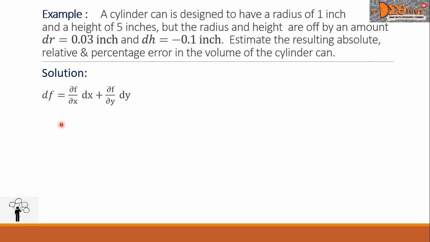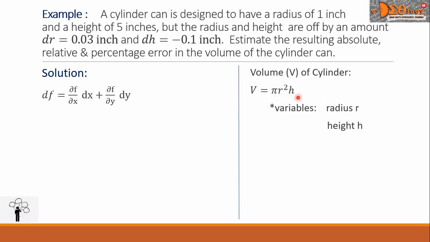First, let us write the formula for the total differential. Our problem is talking about the volume of the cylinder can. The formula for the volume is pi times the square of the radius times the height. Here we can see that there are two variables, the radius r and the height h.